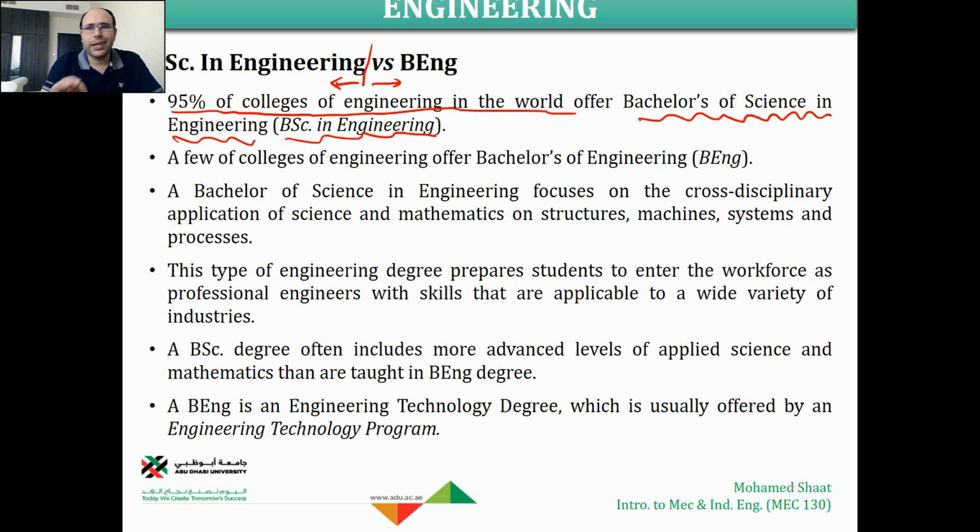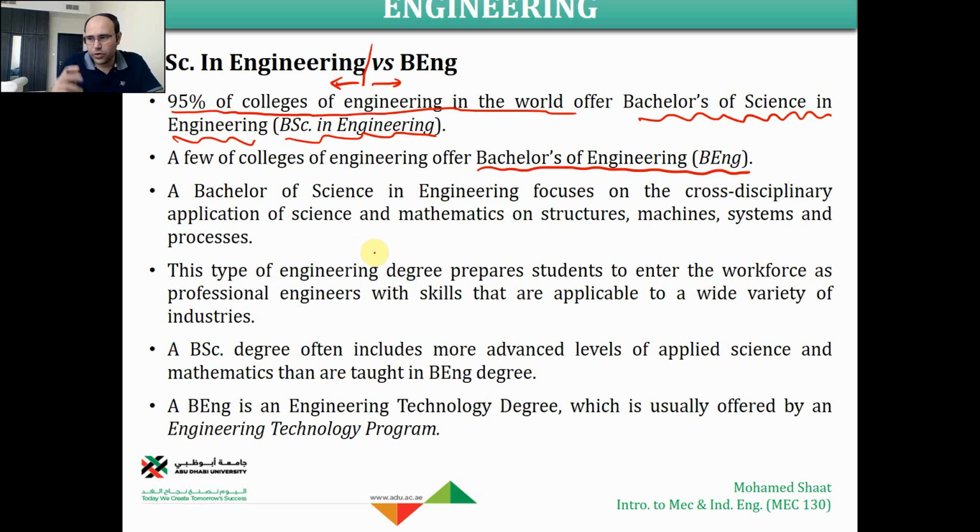Even in the world, 95% of the colleges of engineering offer Bachelor of Science in Mechanical Engineering, Bachelor of Science in Industrial Engineering in general. A few colleges, however, offer Bachelors of Engineering instead of Science in Engineering.